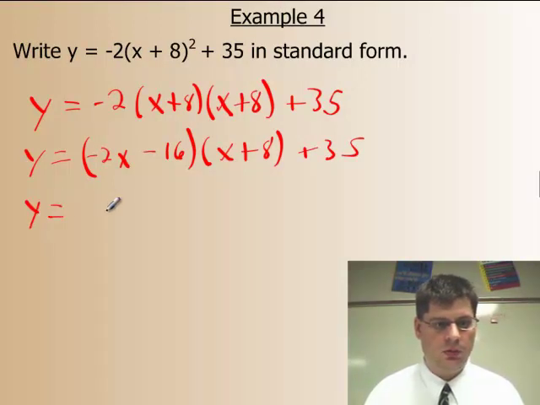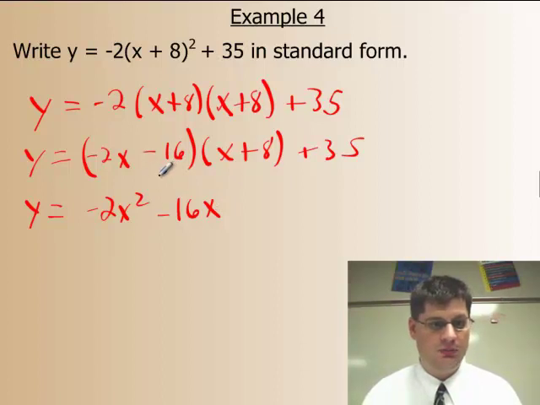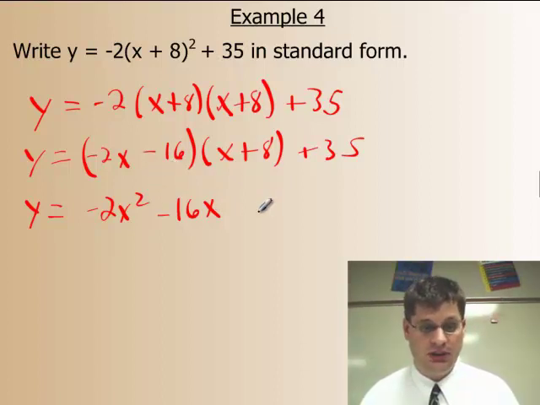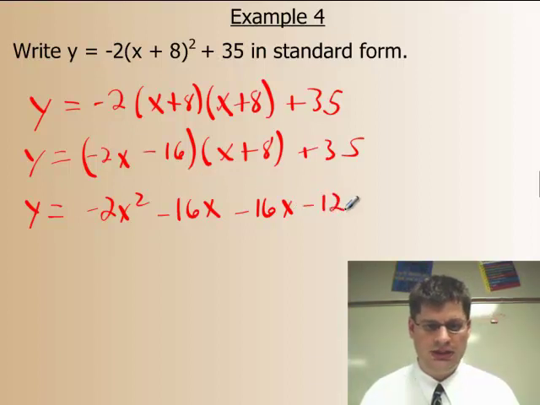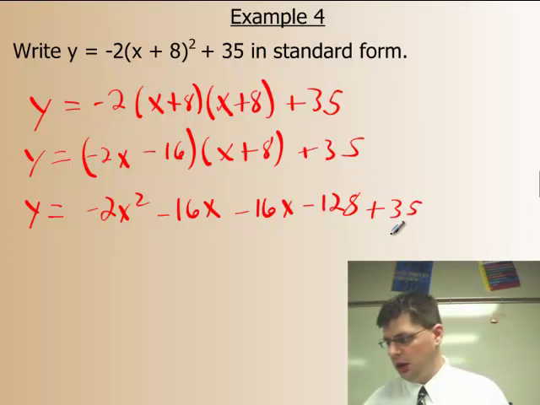So bring it down, y equals, and we'll distribute the negative 2x to both terms, leaving us with negative 2x squared minus 16x. And now we'll distribute the negative 16 to both terms here. Minus 16x. And that should be negative 128 plus 35.